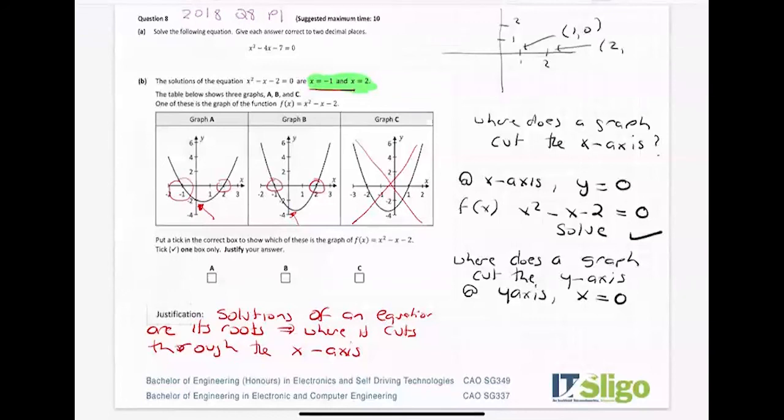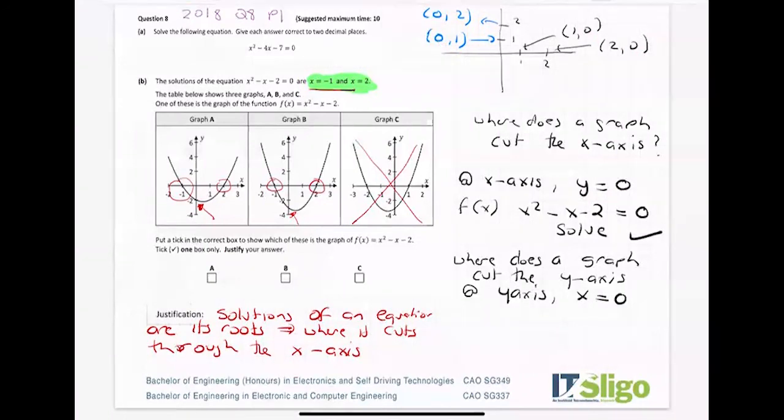This one is x comma y. So you can see that's why the y-coordinate is always 0 at the x-axis. In the same way on the y-axis, the coordinates of him are x comma y. The coordinates of him are x comma y. Okay, so at the y-axis, the x-coordinate is always 0.